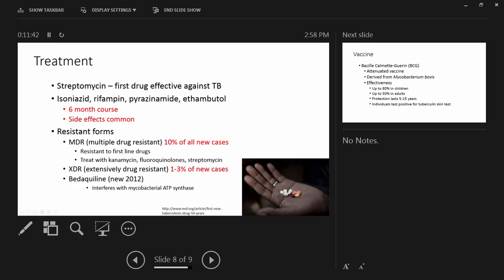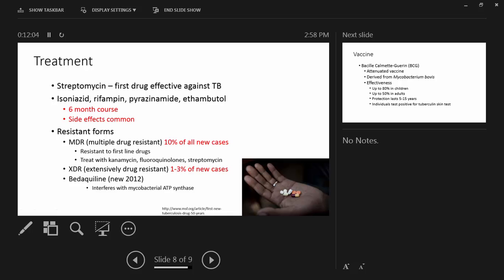Patients are typically on those drugs for 12 months, even 18 months. And then there are strains that are considered extensively drug-resistant, XDR, 1 to 3% of new cases, and for those patients, basically nothing works, and we're out of treatment options.